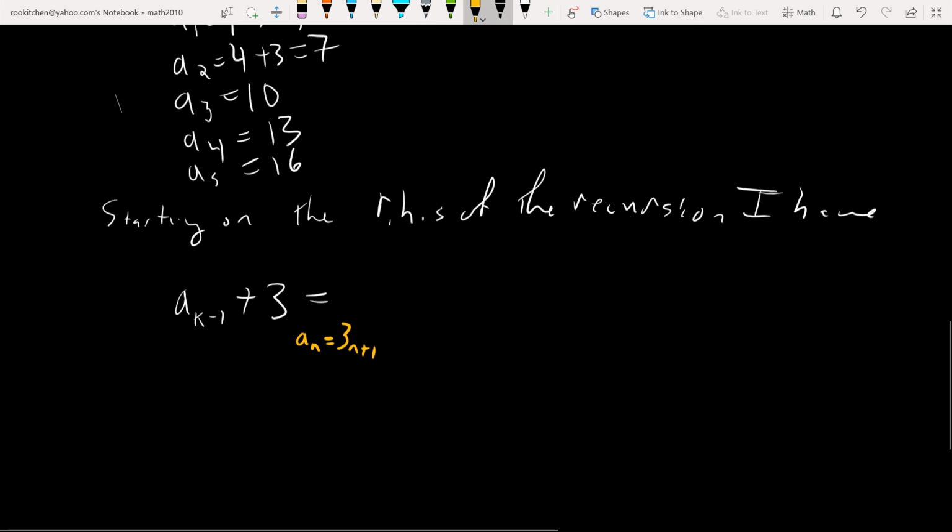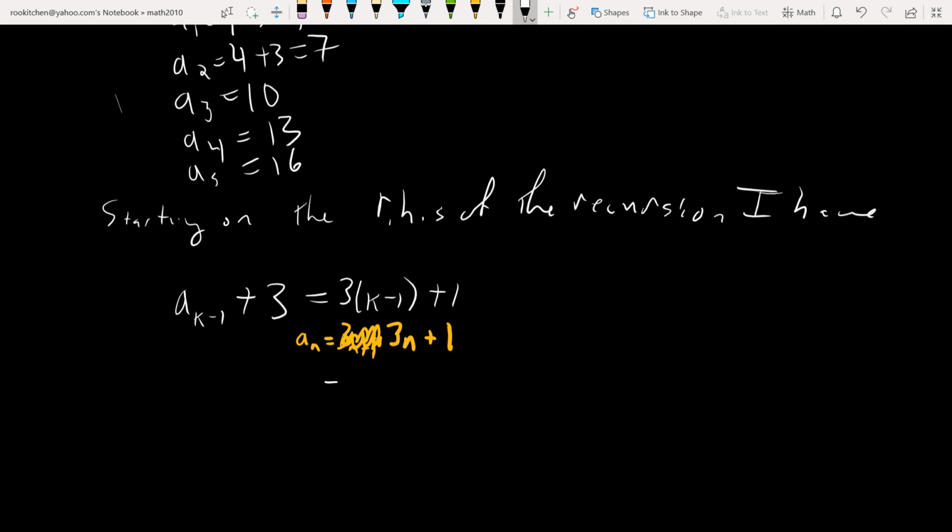So this new formula after the substitution is going to be 3 times k minus 1 plus 1. a sub n is 3n plus 1, and I just plugged in k minus 1 for n. Then I go ahead and distribute, 3k minus 3 plus 1.